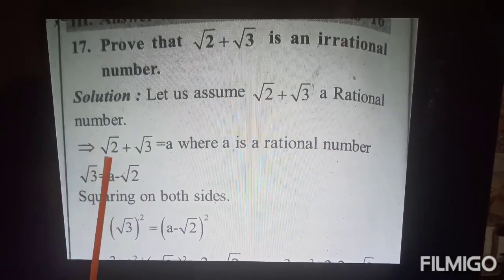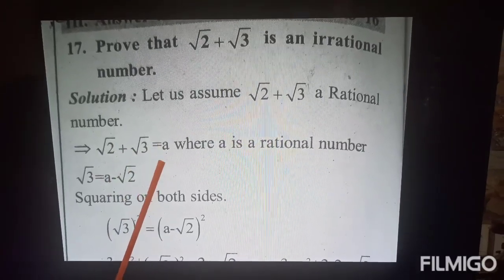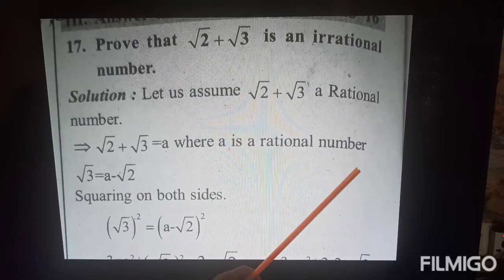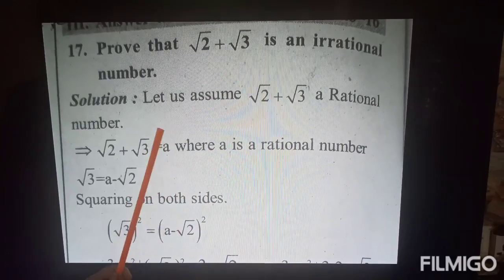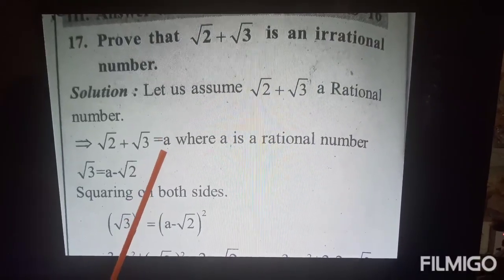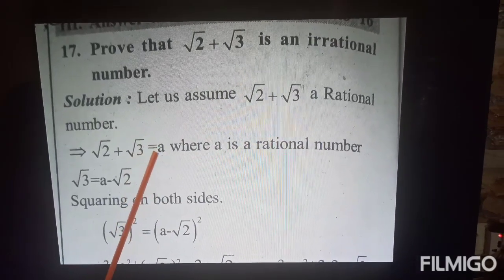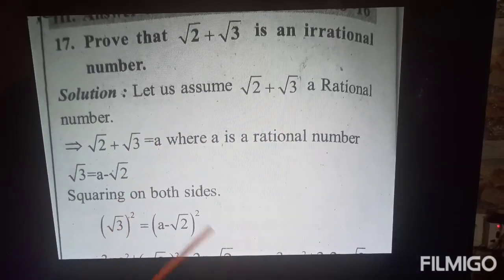This implies root 2 plus root 3 is equal to a. Here a is a rational number. I took here a instead of p by q. A rational number in the form of a fraction will be a little lengthy.